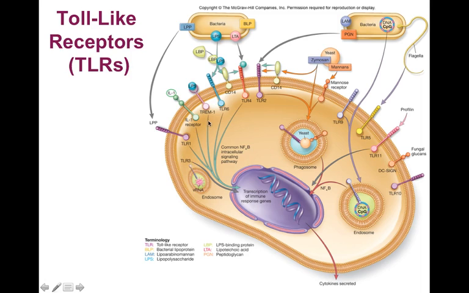These activate signaling pathways which will change the transcription of genes in the cell to release cytokines. Depending on the type of pathogen, you may get a different skew in the different types of cytokines that are released from that cell, and that can shape the immune response to be a bit different. For example, you'll get a lot of IL-1 beta, TNF and IL-6 from bacterial infections, and from viral infections you'll get a lot of type 1 interferons.